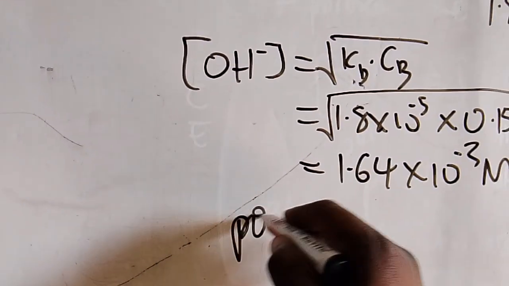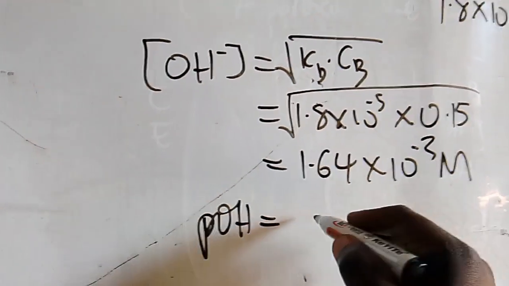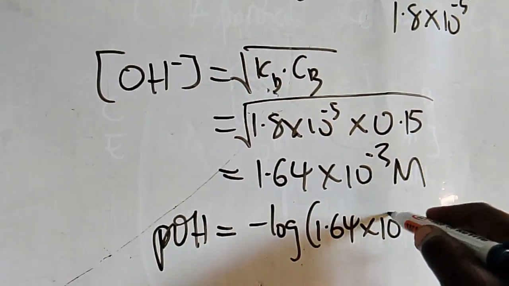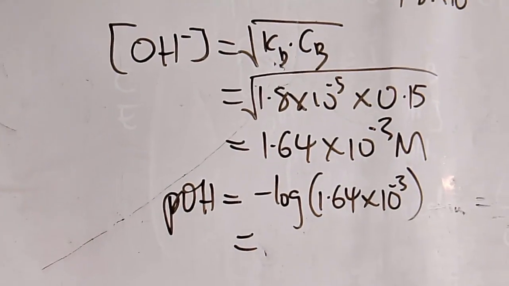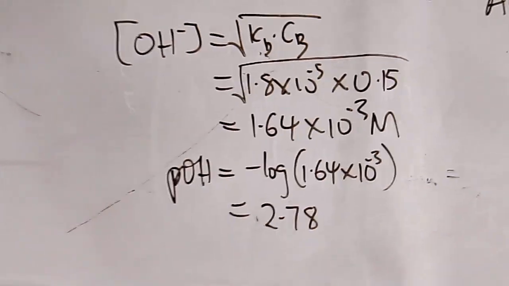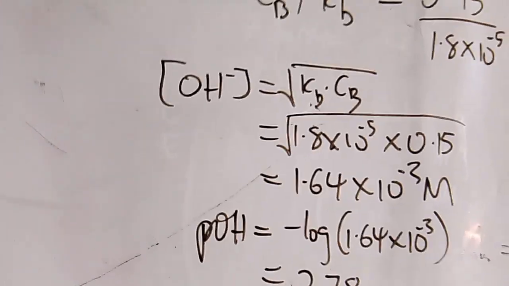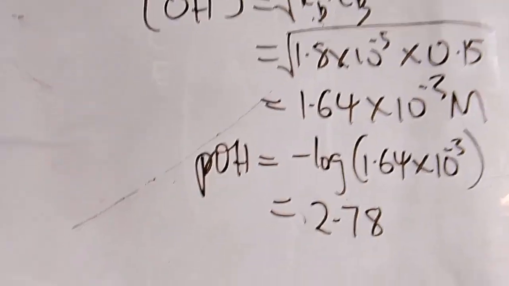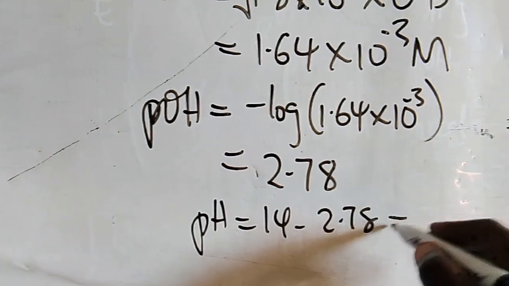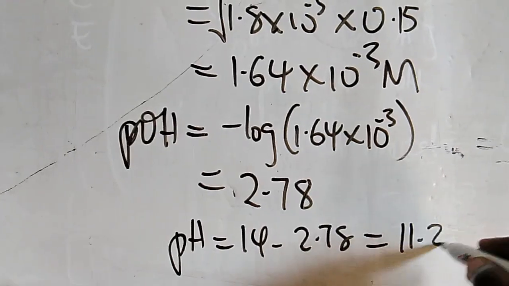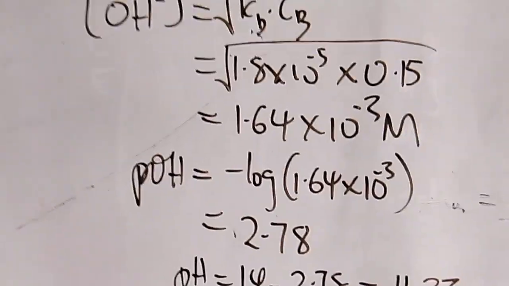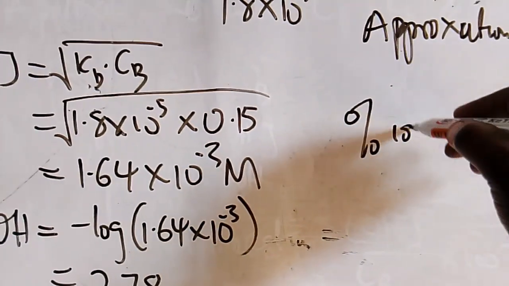Then pOH is the negative log of that, which is 2.78. Then pH is 14 minus 2.78, which gives us 11.22.